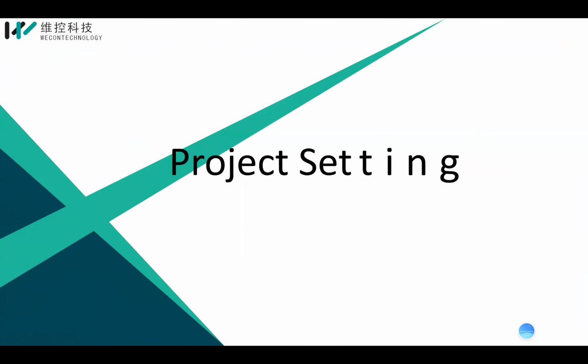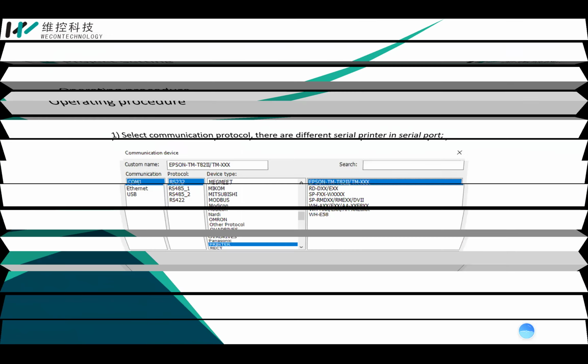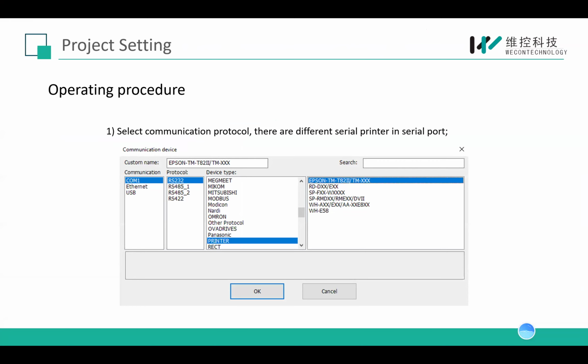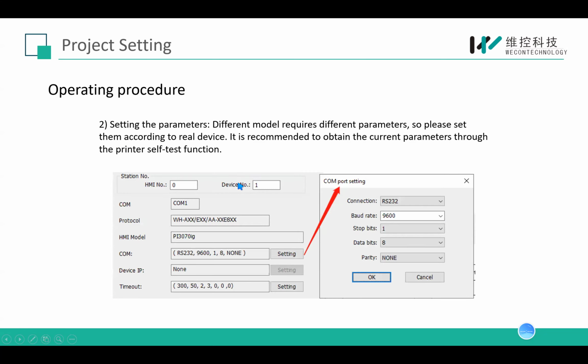Okay, let's move on to the project setting. When we connect our HMI to a printer, the first step is to set a communication protocol. And when we choose the protocol, we need to set the communication parameters.